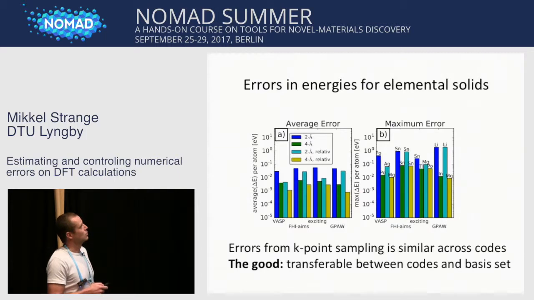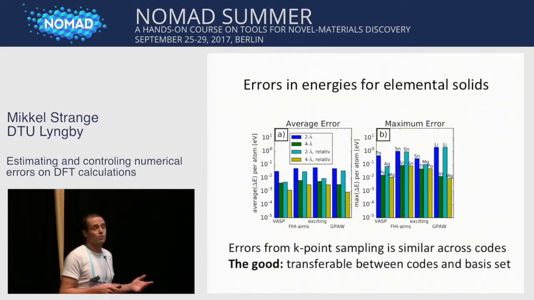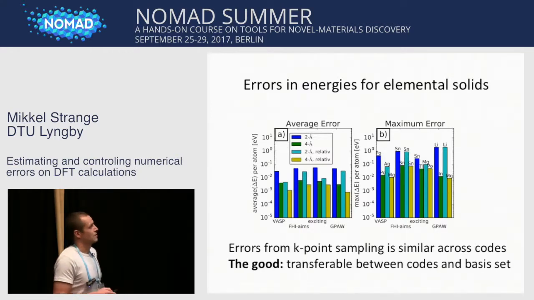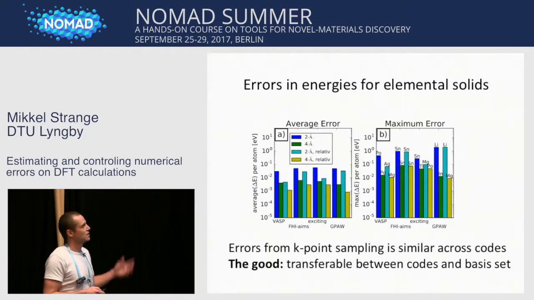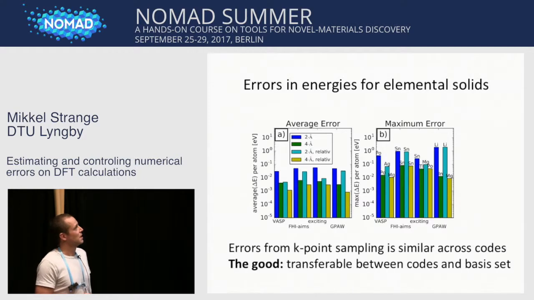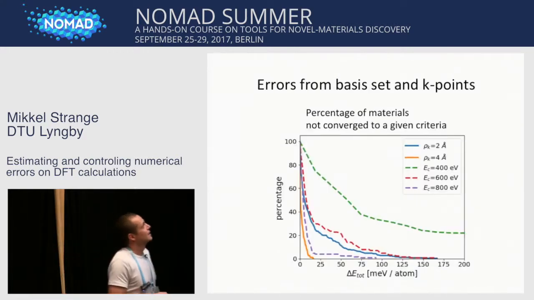It means that all the codes have a similar average error with respect to K-point sampling. And this is also what you would expect. That's good, because it means that if you know the error calculated with some code or some basis set, then you can already transfer it to another code or another basis set.